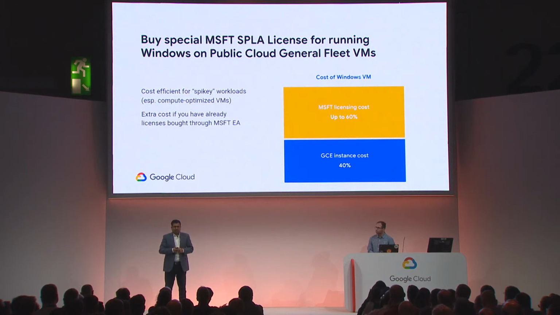And SPLA license is great to get started. It's also very efficient for certain types of spiky workloads, but the challenge is it's costly, especially if you already have a drawer full of Windows licenses you're using from on-prem environments, and your finance team or the procurement team doesn't want to rebuy those licenses again for running on cloud.